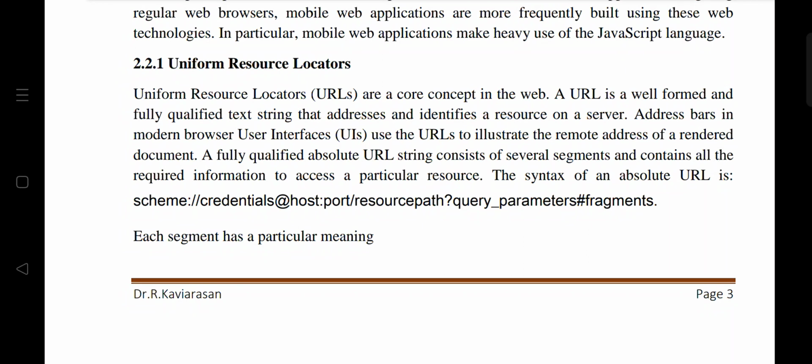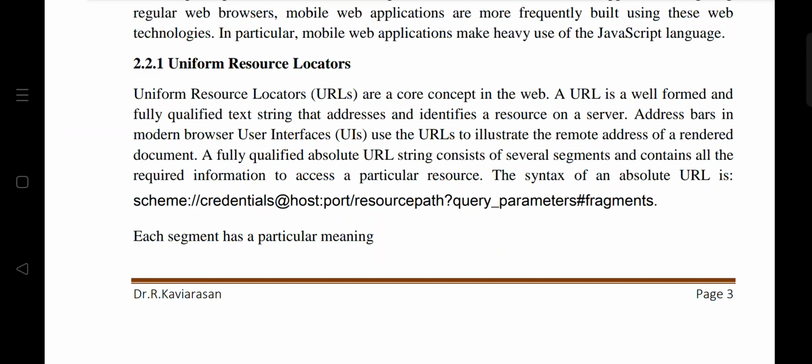Uniform Resource Locators. Uniform Resource Locators, URLs, are core concepts of the web. A URL is a well-formed and fully qualified text string that identifies a resource on the server side. Address bars in modern browser user interfaces use URLs to illustrate the remote address of a rendered document.